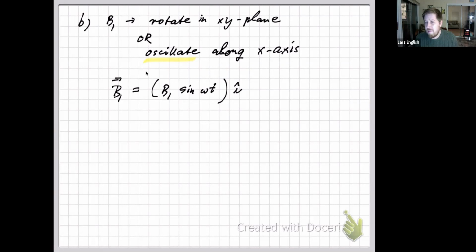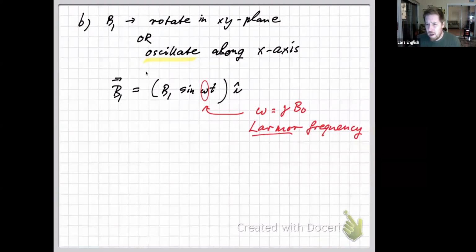So if you can manage in the lab to create a rotating field, fine, but it's typically easier to just create an oscillating field along one axis. And that omega then has to be finely tuned. It has to be tuned to gamma times B naught, namely the precessional frequency, which is also called the Larmor frequency.